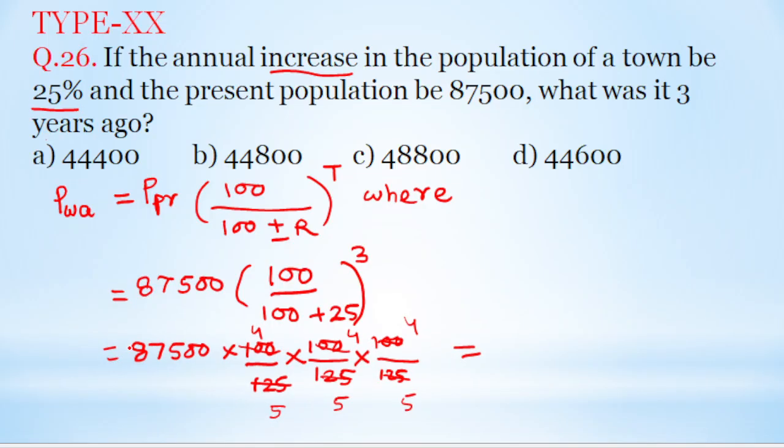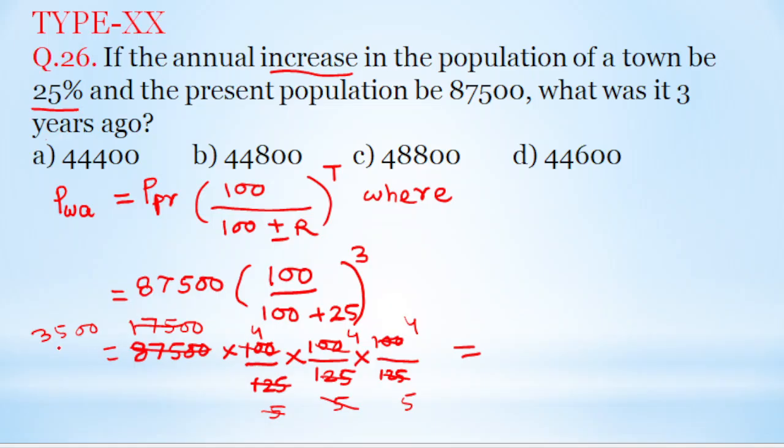Now when this 87,500 is divided by this 5, it becomes 17,500. Again when this is divided by this 5, it becomes 3,500.